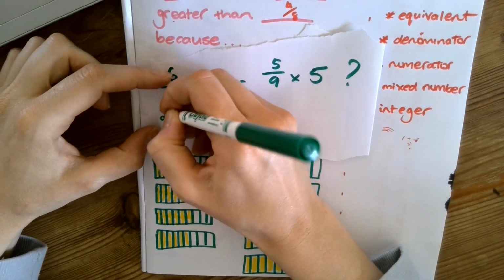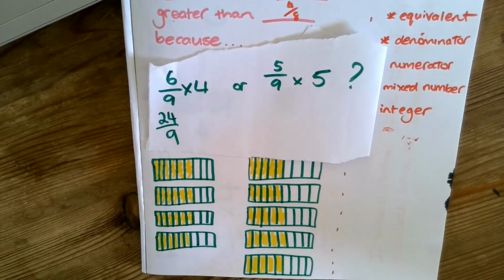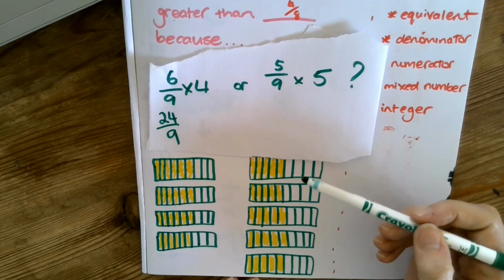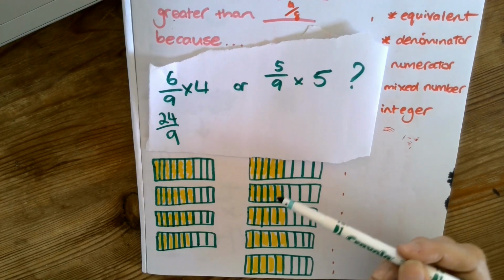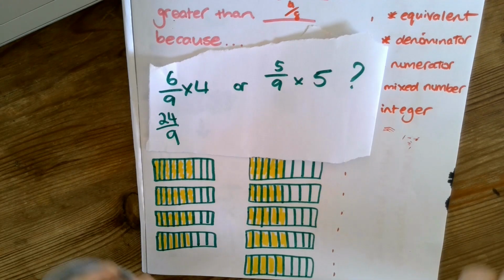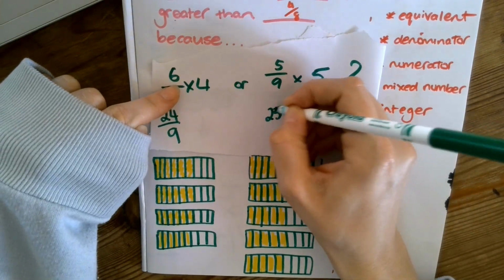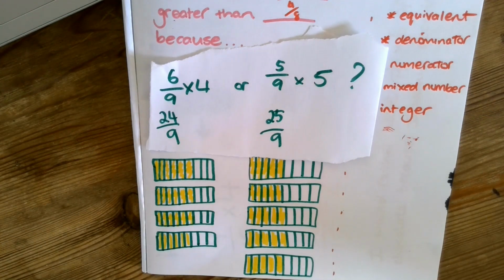So this is 24 ninths, and here we have 5 ninths multiplied by 5: 5, 10, 15, 20, 25 ninths. Now, do we need to convert them into mixed numbers this time? No, we don't have to. We can see by looking at both these improper fractions that the denominator is the same.